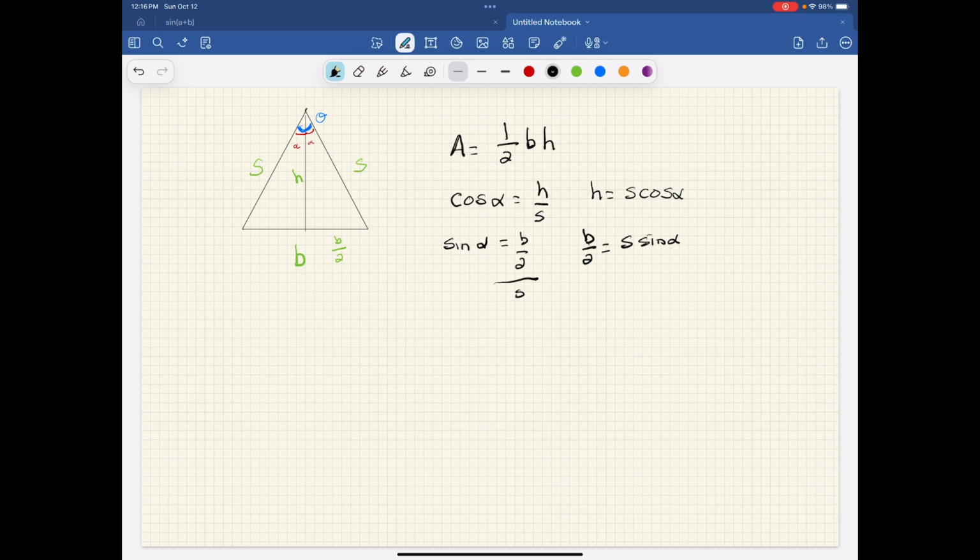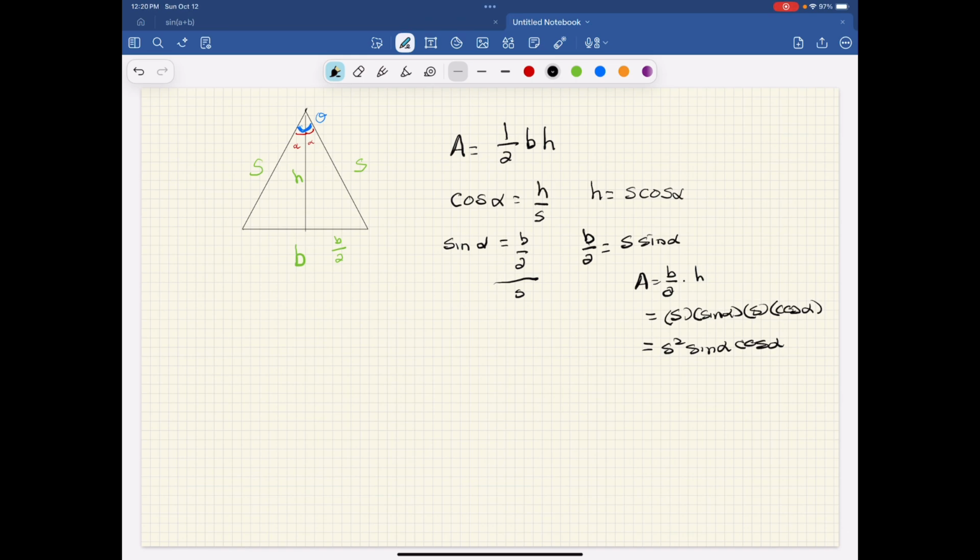Now we plug those back into our area formula up above, and we see that area, which equals b over 2 times h, is going to equal s times the sine of alpha times s times the cosine of alpha, which is going to equal s squared sine alpha cosine alpha.